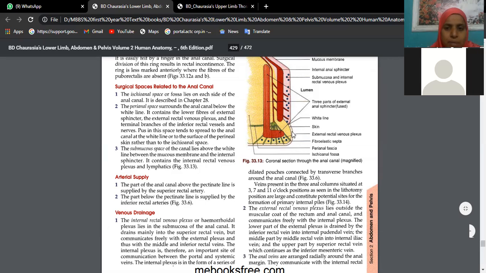Then just below the mucous layer, can you see so many bluish veins, especially in the middle one third? You have the submucosal and internal rectal venous plexus.